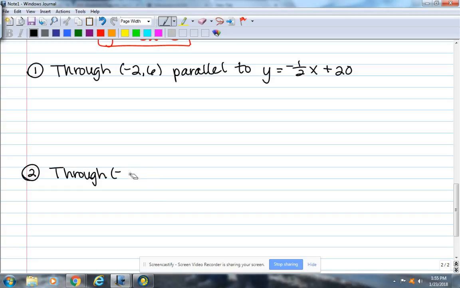It says negative 5. I know it's scrunched up. Negative 1/3 x plus 7. So give me the equation for those in slope-intercept form.